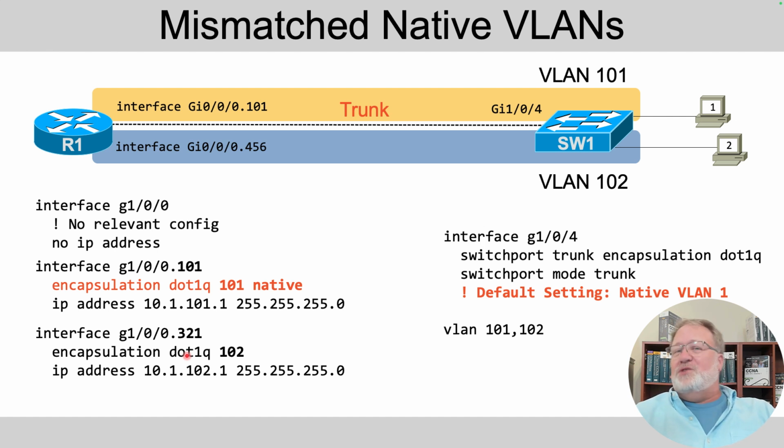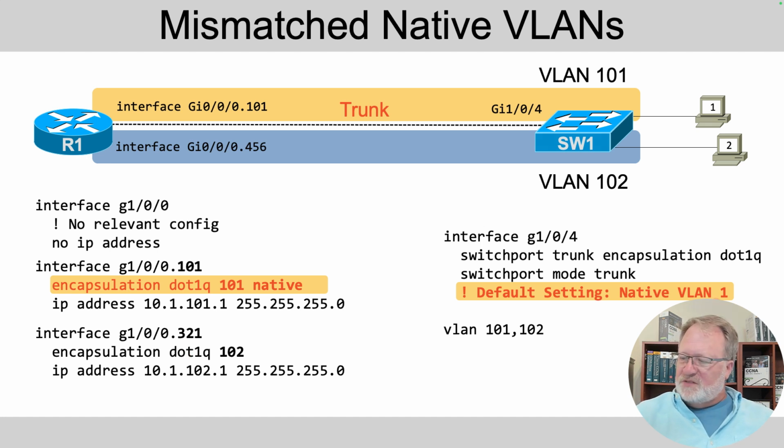It's something good to check in real life as well. Another thing that's easy to do anytime you mess around with native VLANs, but here's a case where you are, is mismatch native VLANs, and that can let a frame hop from one VLAN to another. So if I just highlight a little bit of the config, if we say kept the default native VLAN setting on the switch, which is VLAN 1, and configured, and we said, oh, Wendell's config had that native keyword.